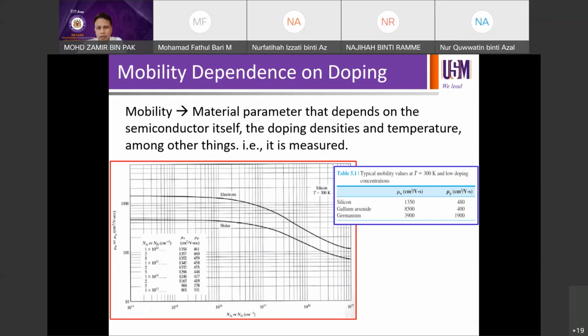We came to the conclusion that when you increase the doping level or dopant concentration in your semiconductor material, you get more and more scattering by the impurities. The impurities here means the dopants, either phosphorus or boron or some other dopant material in the lattice.